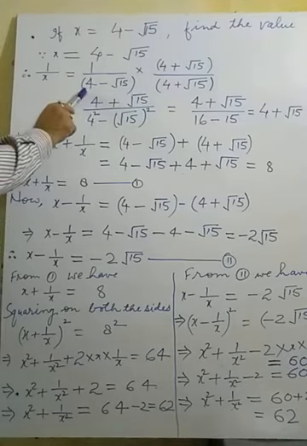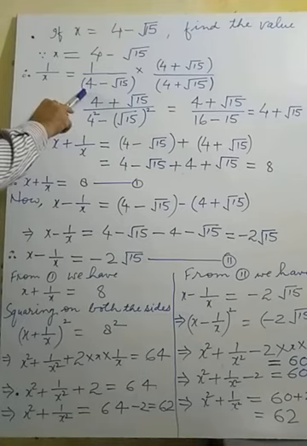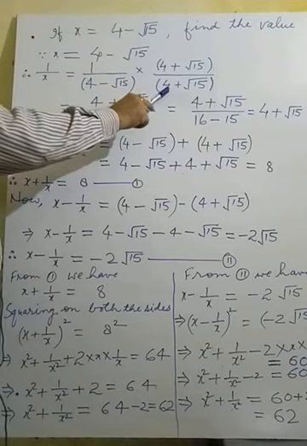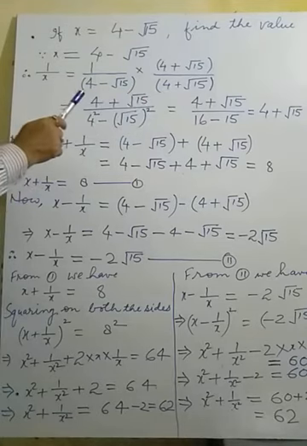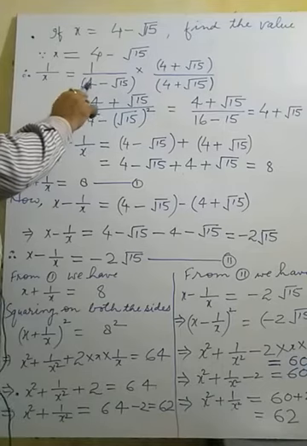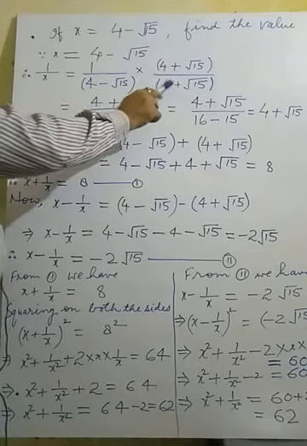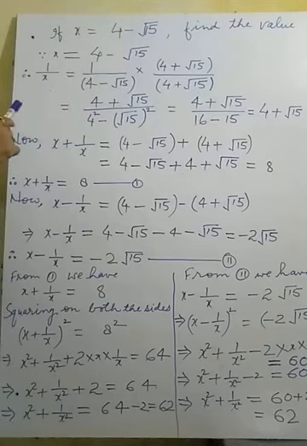So this will be 4 plus under root 15. Now see here it is noted down 4 minus under root 15, and here it is noted down 4 plus under root 15. And you have read an identity before, if x minus y and x plus y is there, it will be equal to x square minus y square.